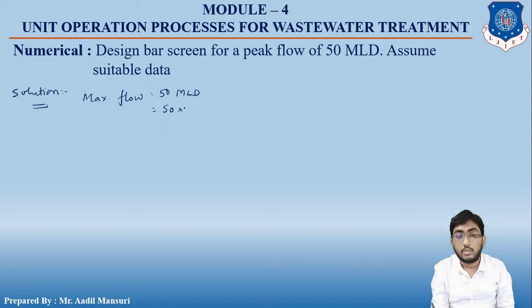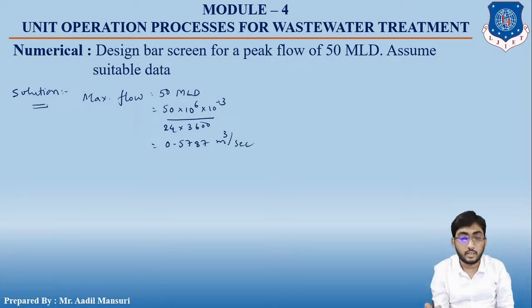Multiplying with 10 to the power 6 and multiplying with 10 to the power minus 3 to convert liters into meter cube, and converting day into second, so 24 into 3600. This will be equal to 0.5787 meter cube per second.